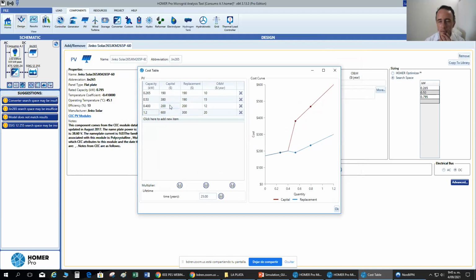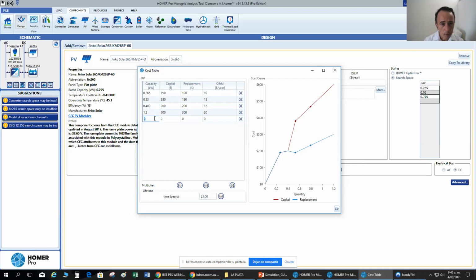I just multiplied the cost, because in my example I have a 400 watt solar module that costs 200. So three times this would be three times the cost of this. But replacement doesn't mean it goes three times. When you replace, it could be cheaper or something like that.